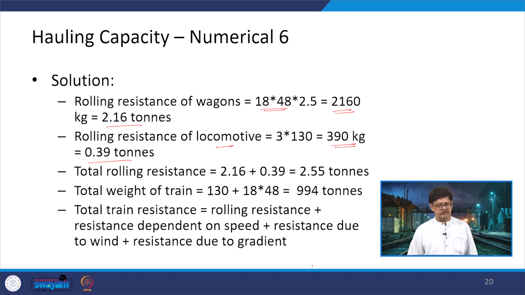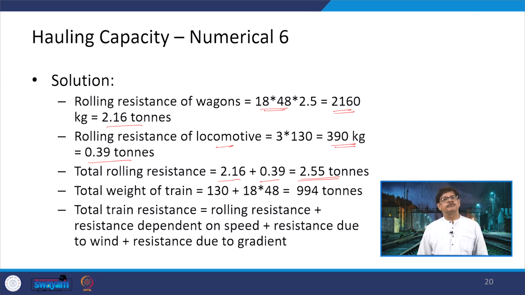Now, the total resistance is 2.16 plus 0.39, that is 2.59 tons, the total rolling resistance. This is how we have calculated it, instead of the formula which otherwise we could have used, with 0.0016 or 0.00008 and so on.